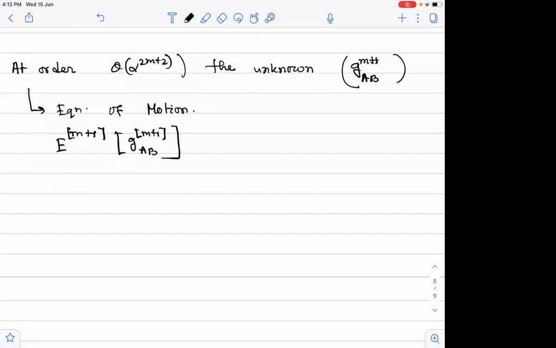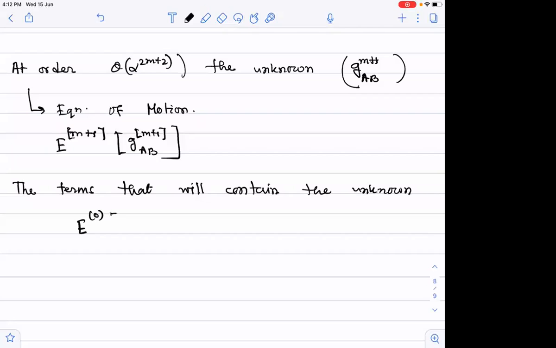Now in this equation, the terms that will contain the unknown, this g_{m plus 1}, are E0, the zeroth order thing, evaluated on G0AB plus alpha to the 2m plus 2 g_{m plus 1}.